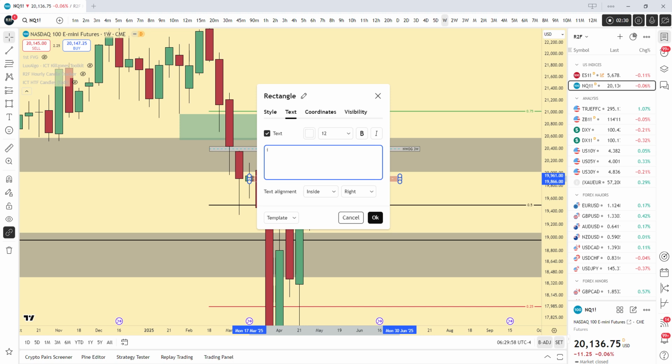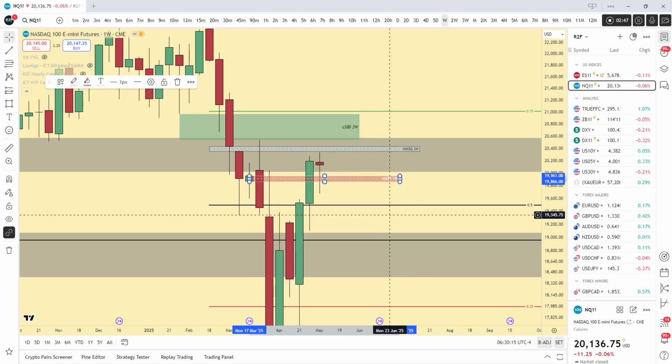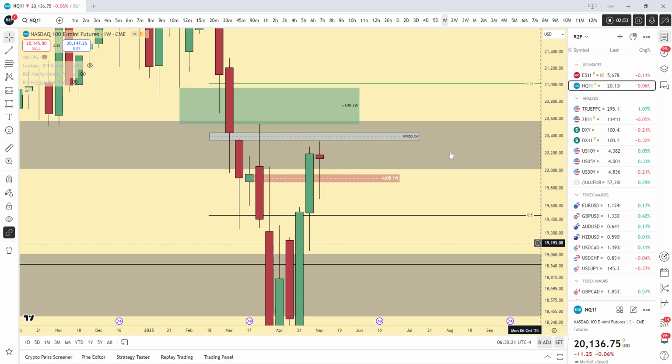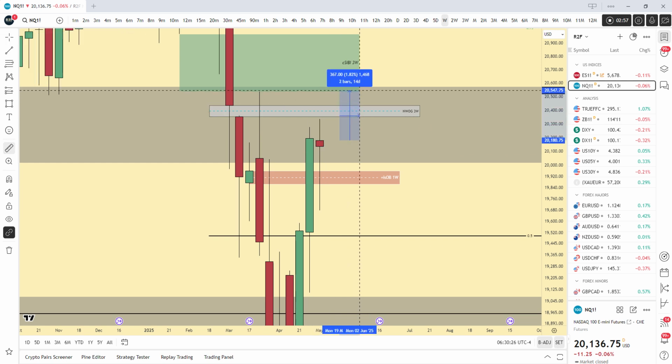So 3 weekly, 1 week. Sorry, just annotating. Yeah, so we closed above there. We had the reaction, and now we are quite close to here, the NWOG, and possibly here.